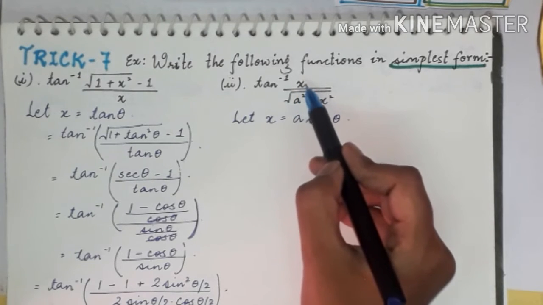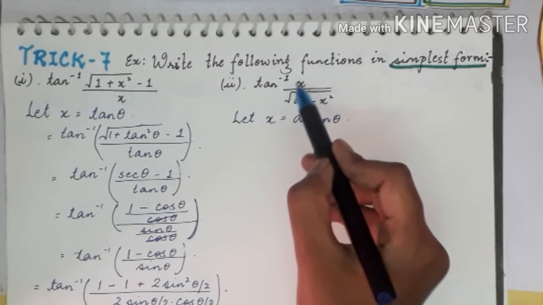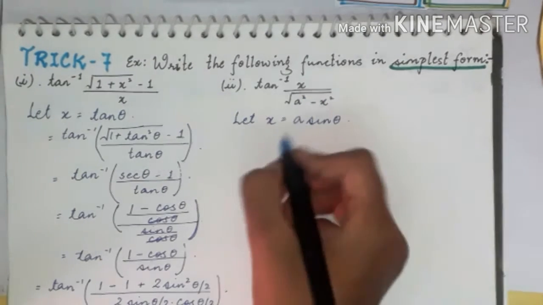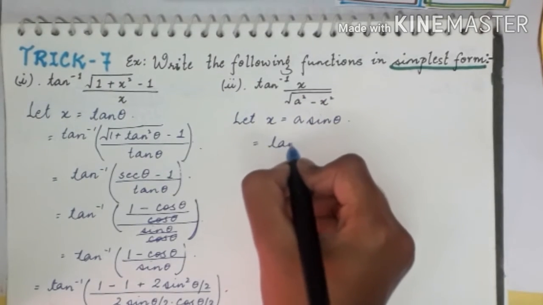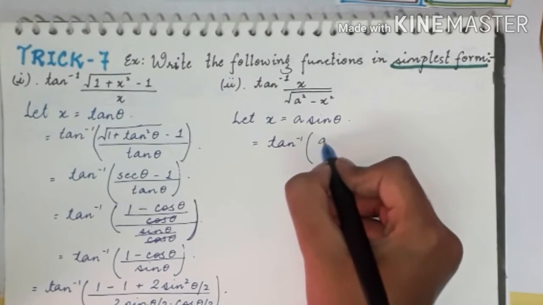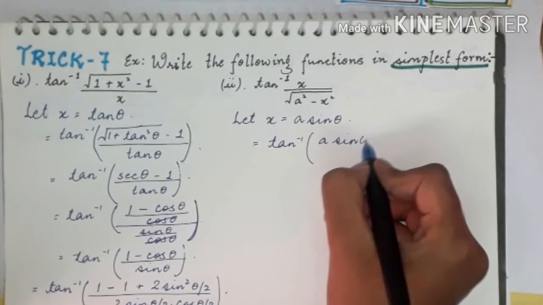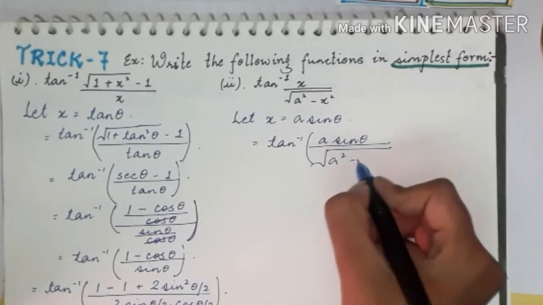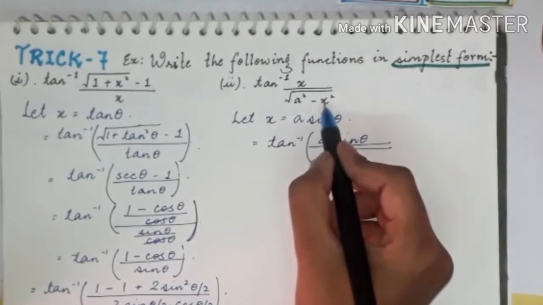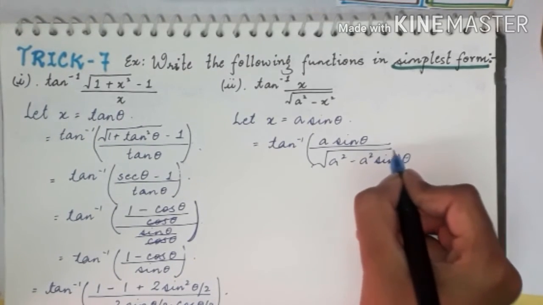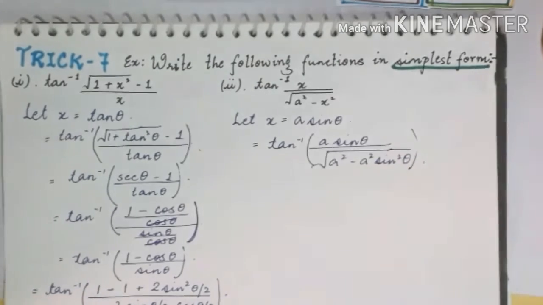So tan theta is sin theta upon cos theta, and we can simply get sin theta in the numerator. That's why we have done so. It is very simple. A sin theta upon under root a square minus, in place of x, a square sin square theta, since x is squared here.